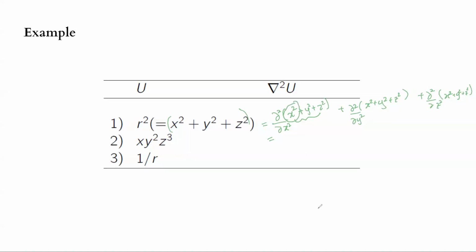Once we take the second derivative of this expression with respect to x, the only component that is valuable is this one, which has the x, right? Once we take the second derivative of x squared, first we derive it once, and it would be 2x.